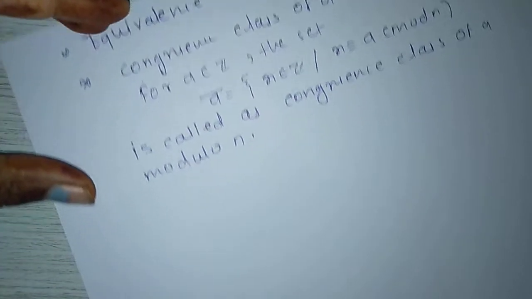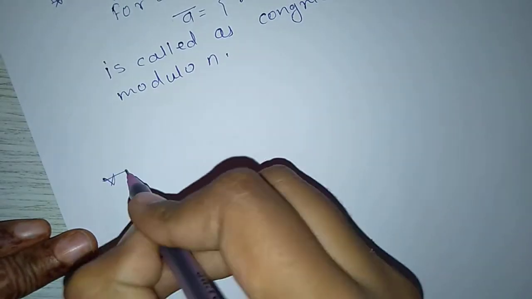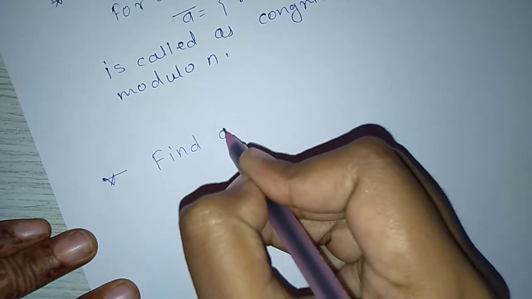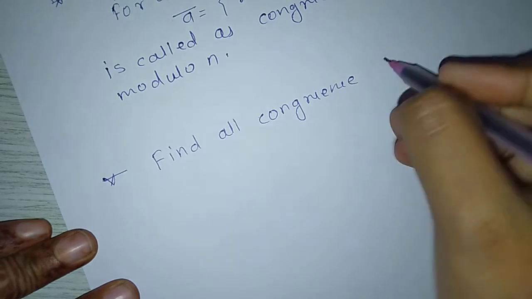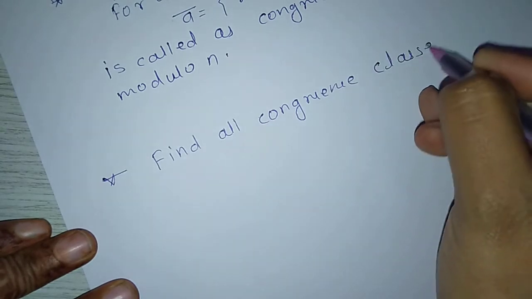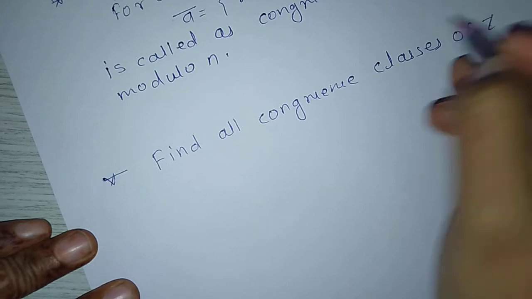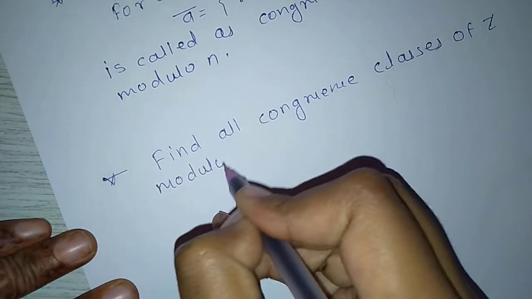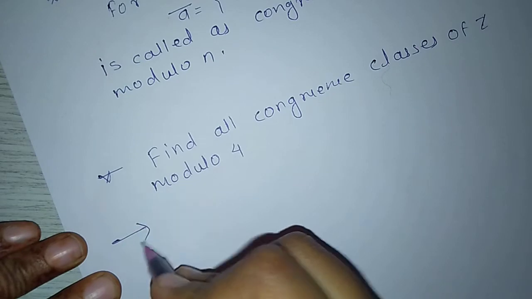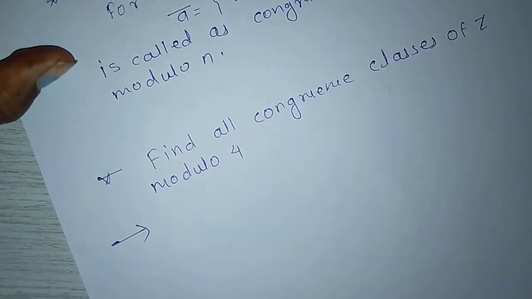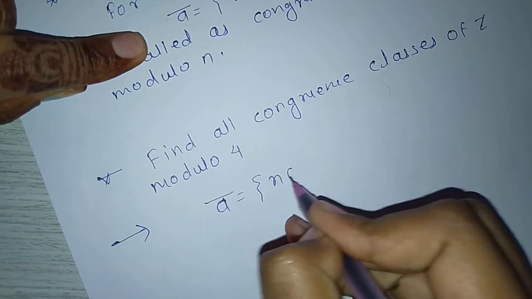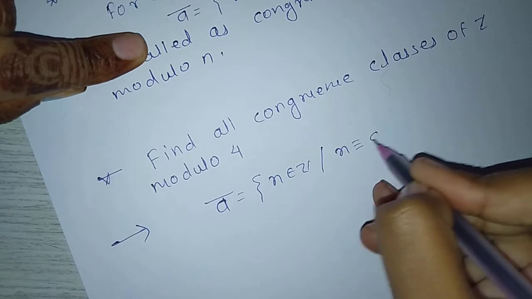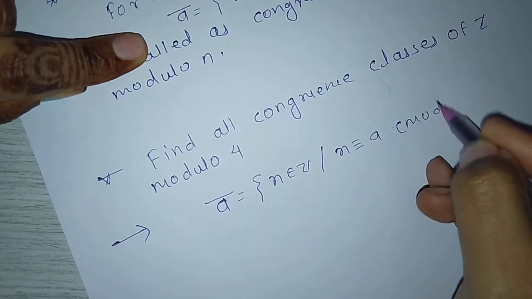Next we have seen examples, and in this video the next example is: find all congruence classes of Z modulo 4. First we know that the definition of congruence class of a modulo n is a bar equal to the set of x belongs to Z such that x is congruent to a modulo n.